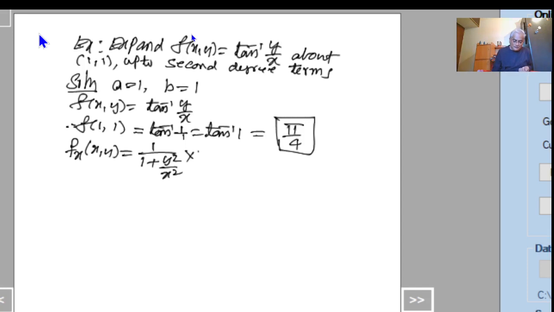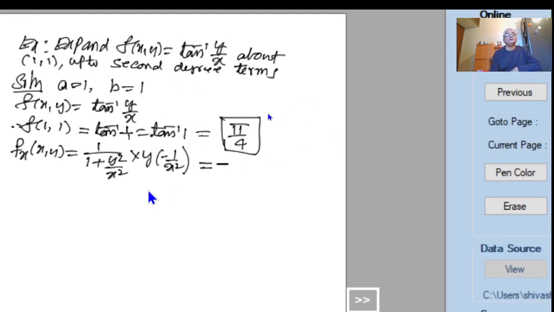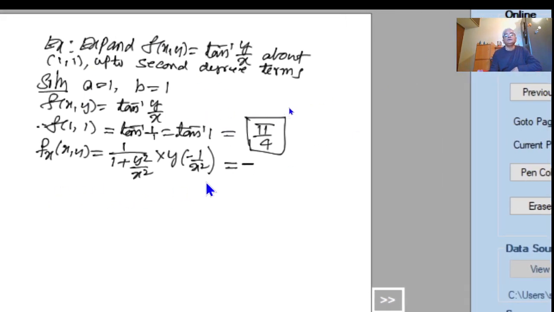Okay, constant quantity as it is. 1 by x derivative is minus 1 by x square, and this is equal to minus, see, multiplying here, x square multiplying here, this x square gets cancelled, x square comes here. That means here numerator minus y divided by x square plus y square. Okay, this is our fx of x comma y.